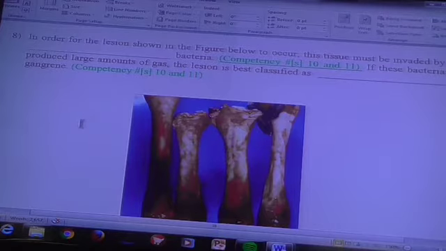Saprophytic or putrefactive. And somebody said, can I name it? If you call it Clostridium, if you know the actual name, sure. Yeah, you could have actually said that, even though that's really the cause of blackleg more than it is that.